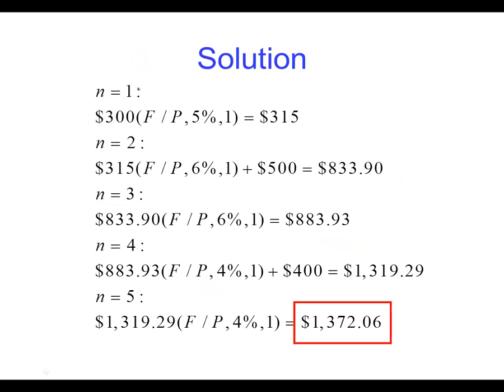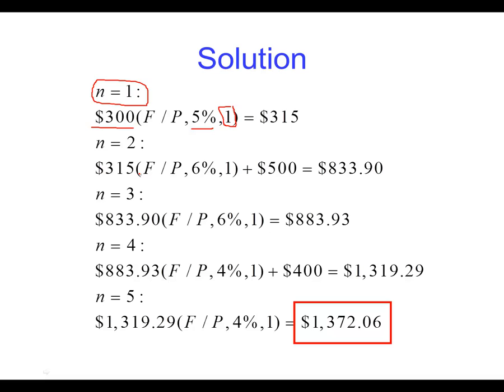So the first year, when n is equal to 1, I'm moving the $300 from time 0 to 1. So I have one period with 5%, and that's straightforward. I need the future value given P with 5% and 1 year, and that will equal 315.